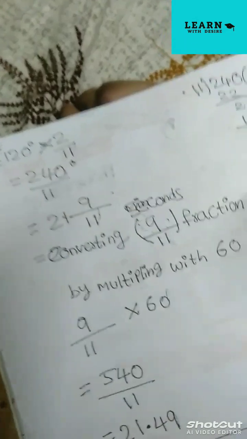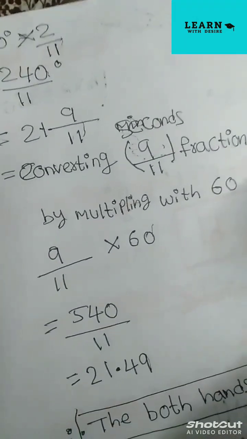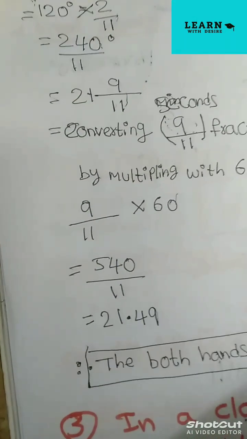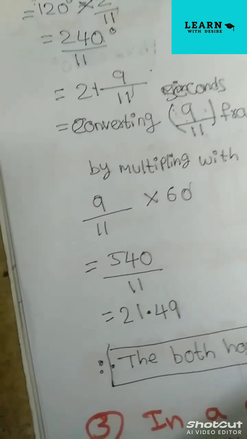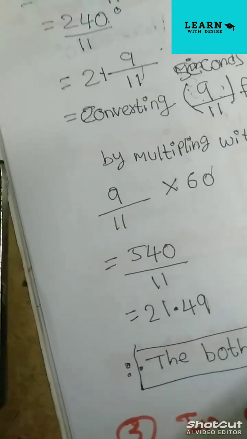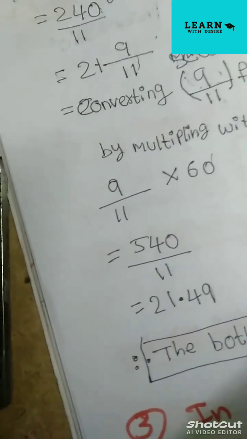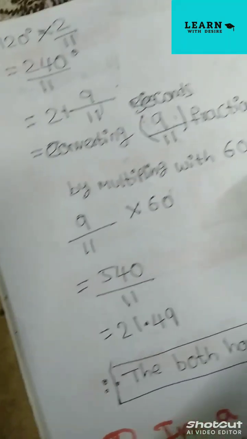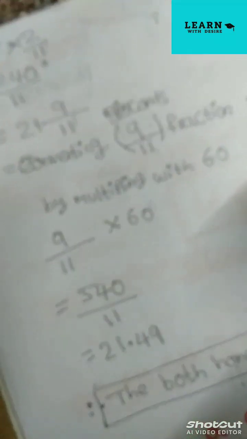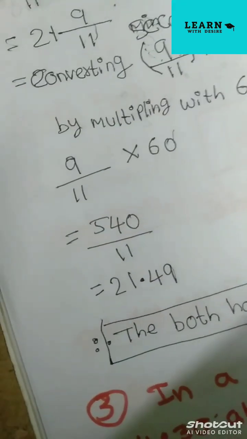Why? Because 1 minute has 60 seconds. If we multiply 60 into 9 by 11, we get 540 by 11. If we divide 540 by 11, we get the answer 49.